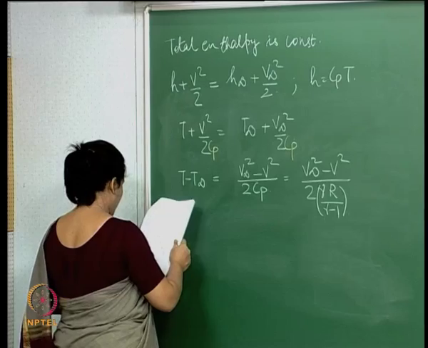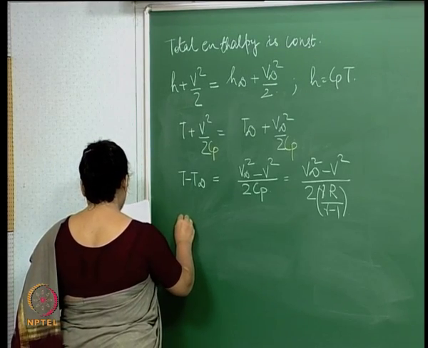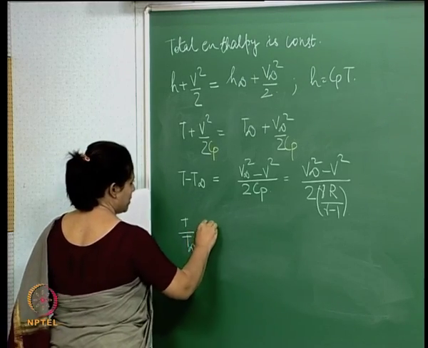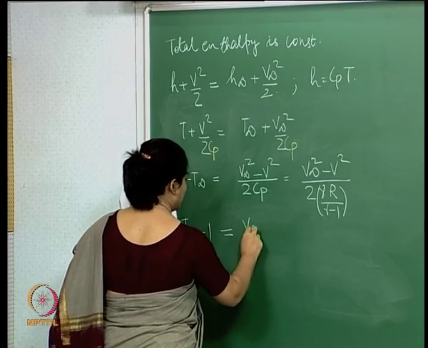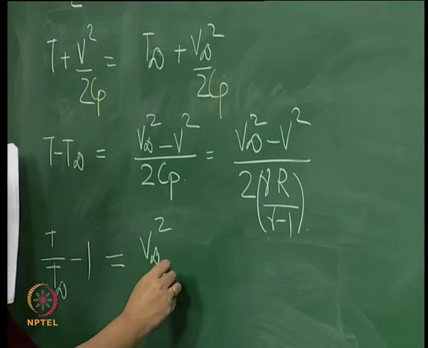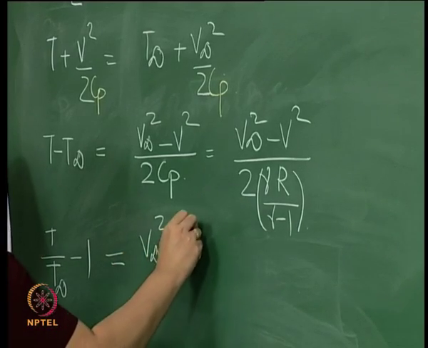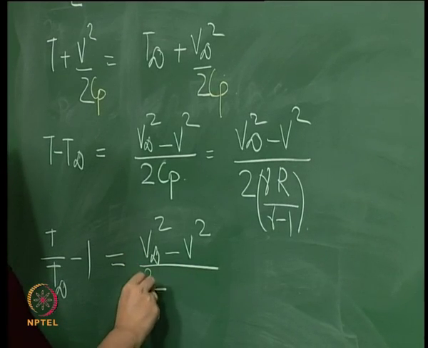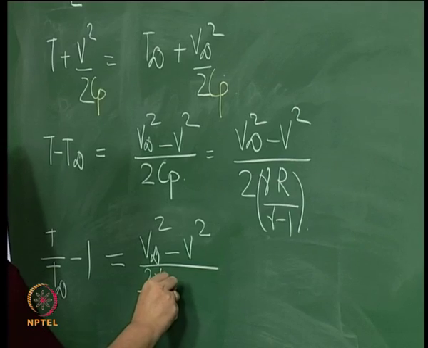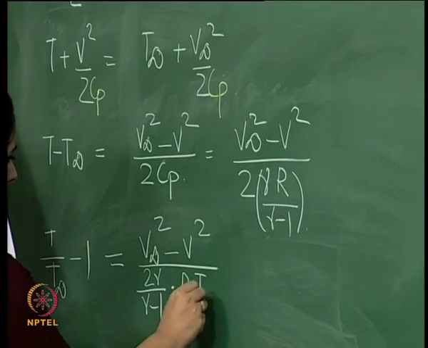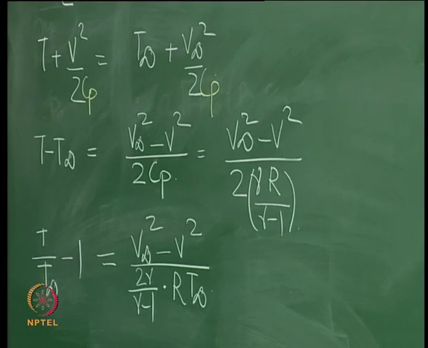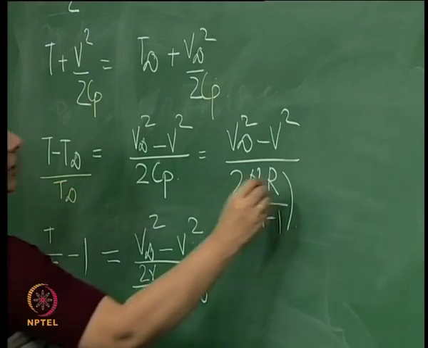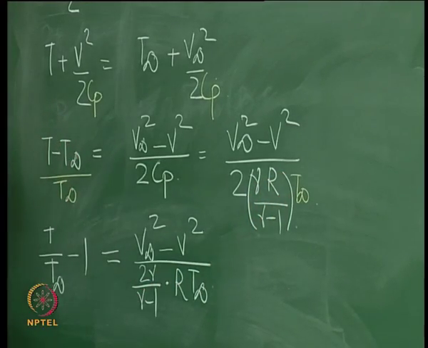So if I do that, again I divide by T infinity, right. Then this equals to, right. I divide by T infinity throughout. So if I divide by T infinity throughout, this is what I get, right?